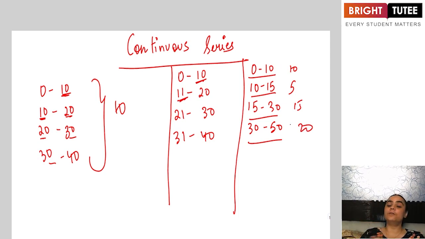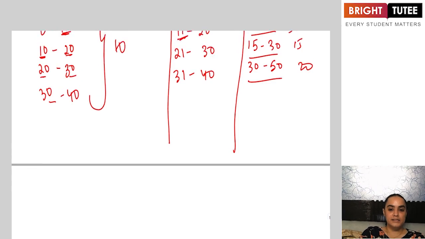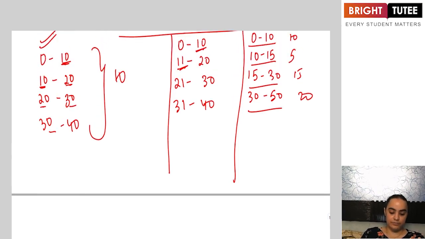So these are the different kinds of continuous series that you might get. In your papers, you will have to expect the first type of series where there are equal class intervals and it is easy for you to calculate the midpoints.